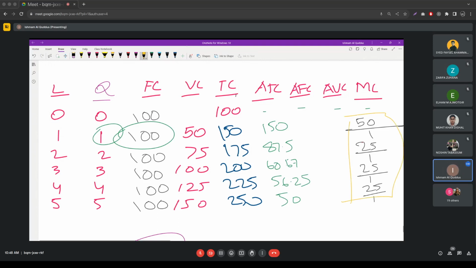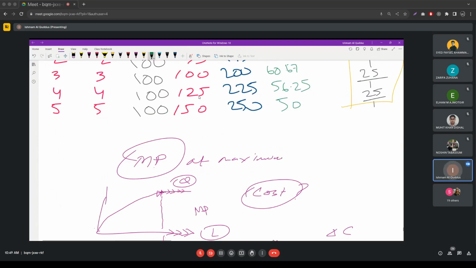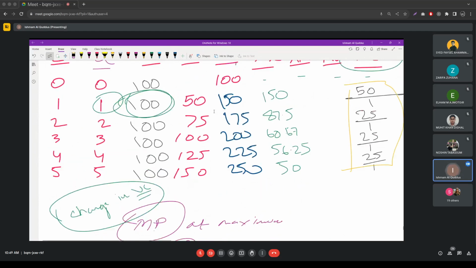notice this one. You see your fixed expense remains the same, right? So when we look at the marginal expense, in the short run, we're actually looking at the change in variable cost divided by the quantity produced.